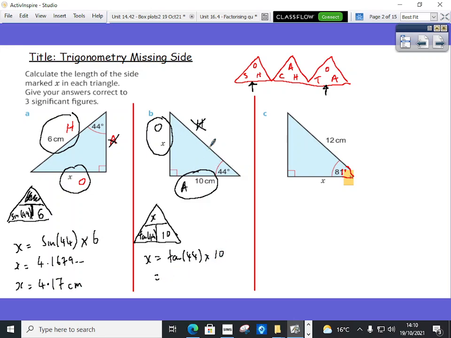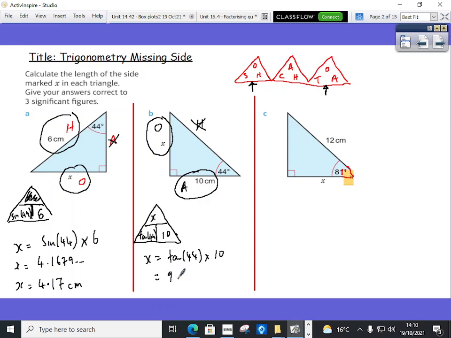Now this angle is 44. I would expect this one to be just under 10. Just remember, if you can roughly tell what the answer is going to be. So I'm going to put tan 44. It's going to be hopefully just under 10 because the angle is smaller than 45.